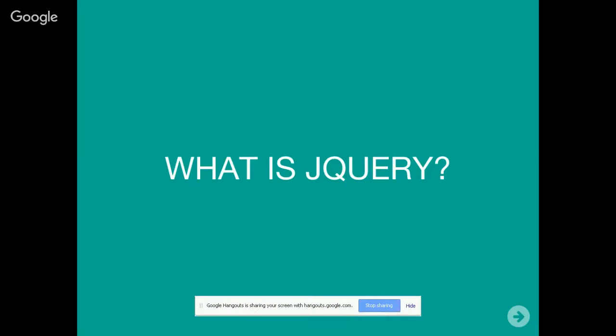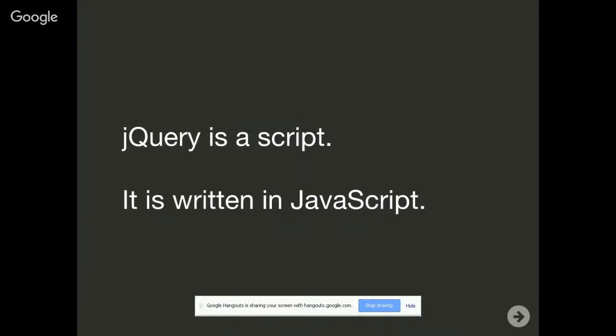So there you go. So what is jQuery? Actually, jQuery is nothing more than a JavaScript library. As you have experienced for yourselves, working with JavaScript can be a bit tedious and not exactly easy.